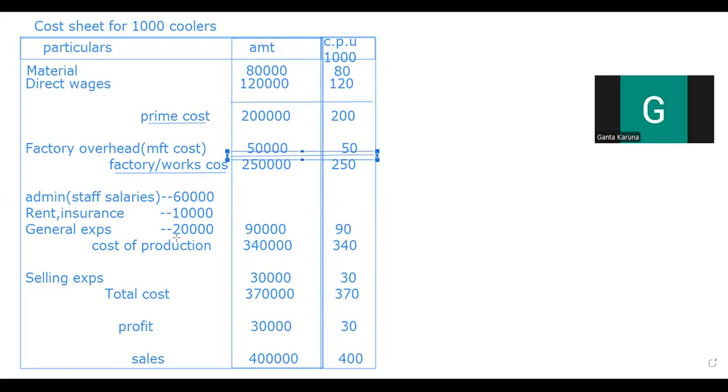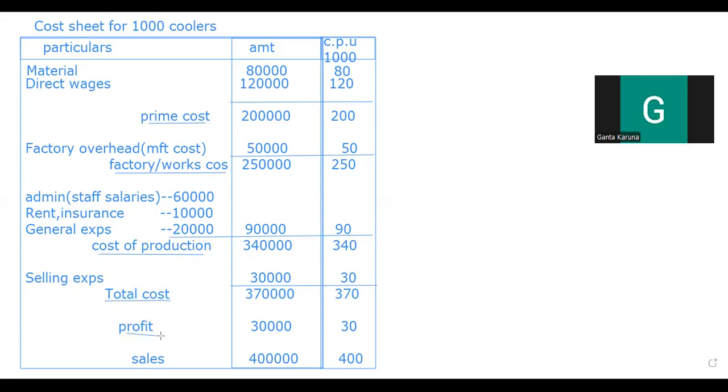Then I have added all these three things, and I got this much. After adding this one, I got a total, which is called cost of production. And when I have added my selling expenses, I got to know my total cost, which is 3,70,000. So we are going to call it total cost.